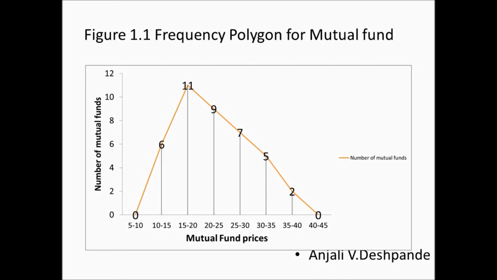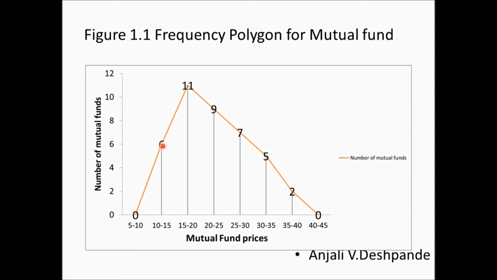So one thing is that drawing the frequency polygon does not necessarily mean that you have to construct the histogram. Without the histogram also you can draw the frequency polygon. What you should do is directly plot the points above the midpoint of the class interval. See, for example, over here 10 to 15, this is the midpoint.